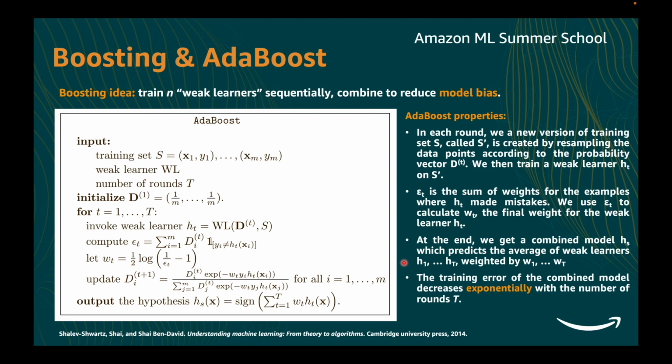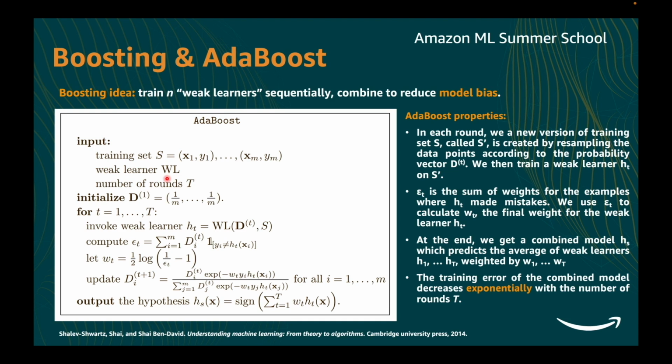The algorithm: you start with the training set, x1, y1 pairs. You can imagine this to be a classification problem where y is true or false, and then you start with a weak learner, which can be a decision stump, right? Just a decision tree with a single node.